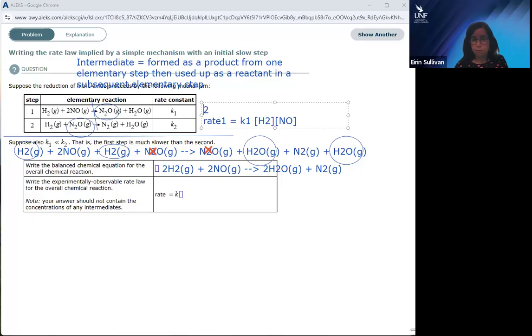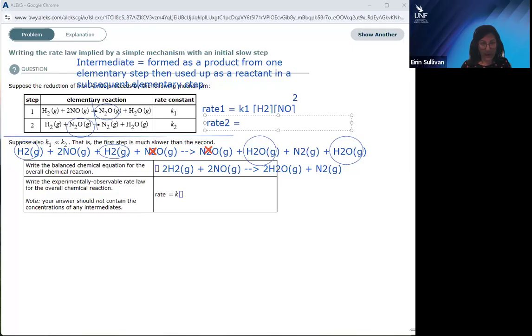So that is going to be for elementary step 1. You can also go ahead and write a rate for elementary step 2, right? So k2, and that'll be the concentration of H2, again first order in H2, times the concentration of dinitrogen monoxide, okay?